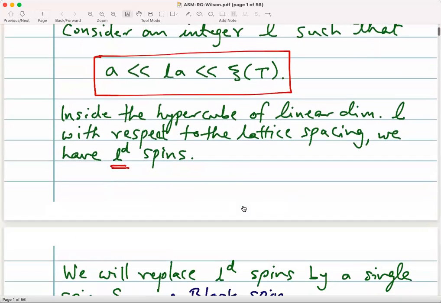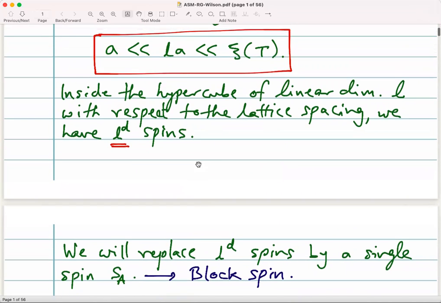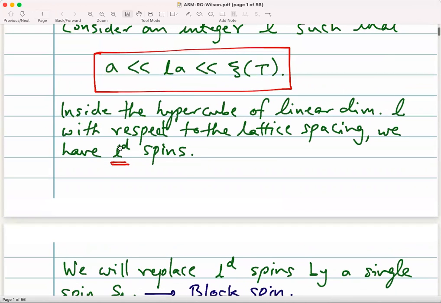Now what we are going to do is replace these L to the d spins by a single spin. Just to get a simpler picture, you could choose L to be 2. Suppose you are looking at 2 by 2 in two-dimensional space, a single square, and you are going to choose those 4 spins there in 2 dimensions and replace those 4 spins by a single spin.